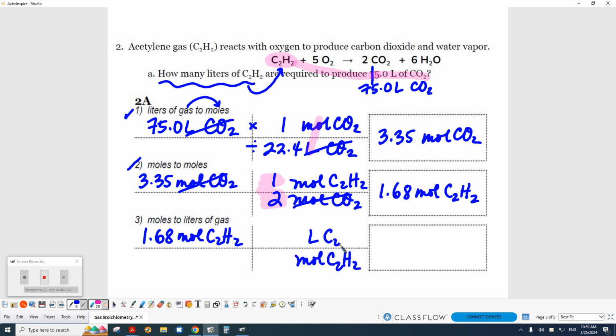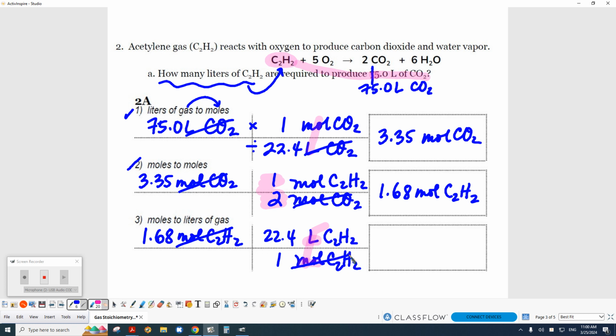This is how many liters of C2H2. And we'll realize that this is, again, the GMV, because it's the relationship between moles of a gas and liters of a gas. We know that 1 mole of any gas is 22.4 liters of that gas. In this case, C2H2. The moles of C2H2 cancel out, and liters remain.